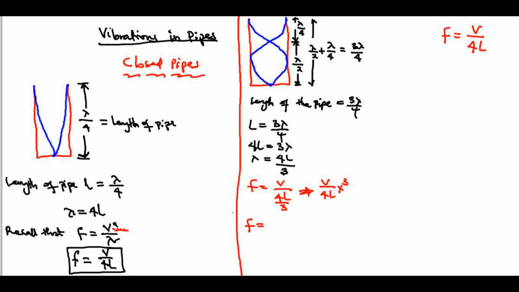Therefore, F is equal to 3V over 4L. Okay, now remember we already had this in the box, so I am also going to put this in another box to say 3V over 4L.